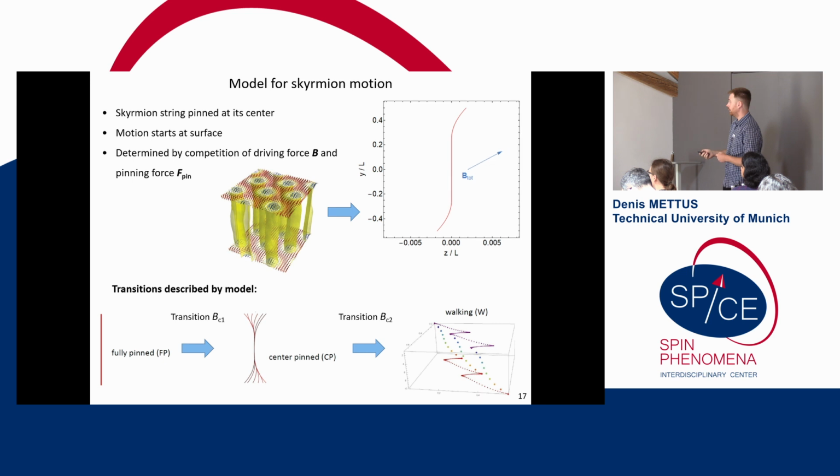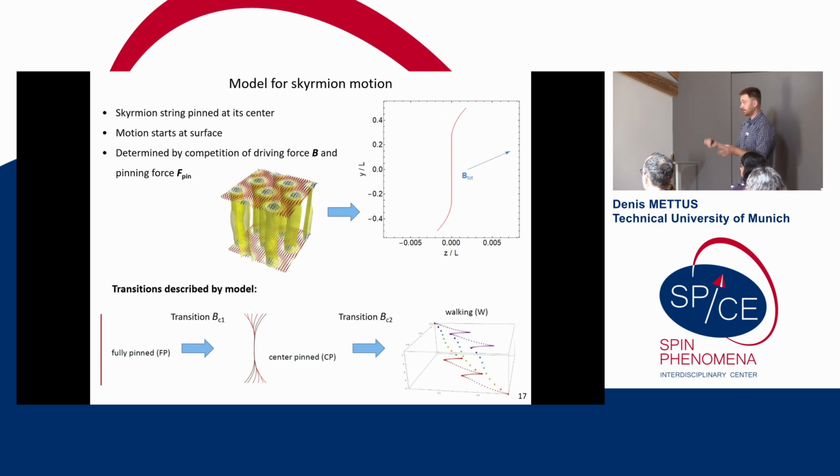So when you start moving the field, it looks something like this. You see that even though the skyrmion is already trying to move, there is a central region which is still pinned. So the whole structure can still be pinned, but you will be able to see some motion on the rocking curves.